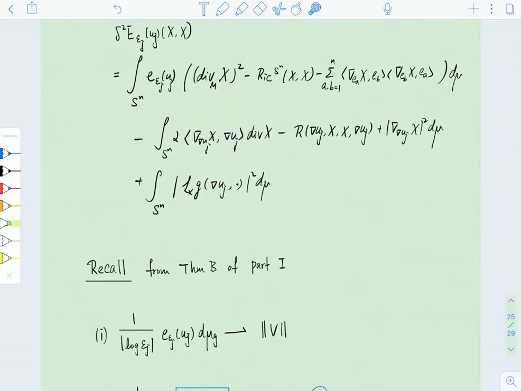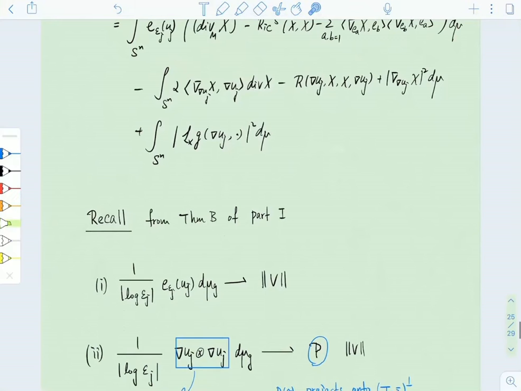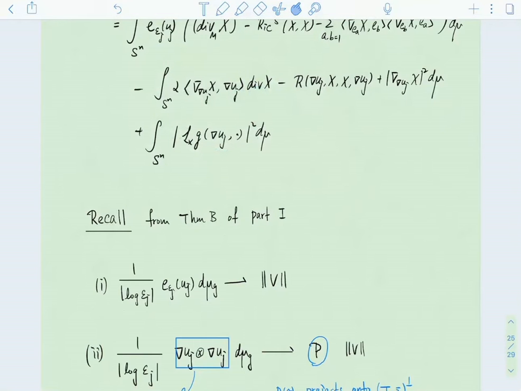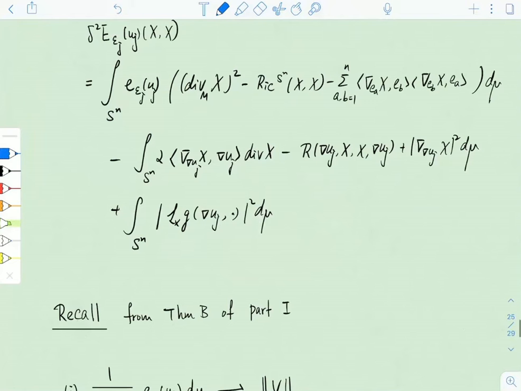Okay, and then fact number 2 is helpful for simplifying the remaining terms, because a lot of them can be viewed as pairings between tensors, where one of the tensors involved is this one. Okay, for example, this term up here can be understood as just nabla_X u_j paired with nabla_X u_j.